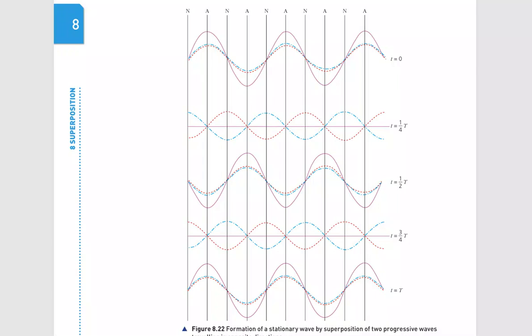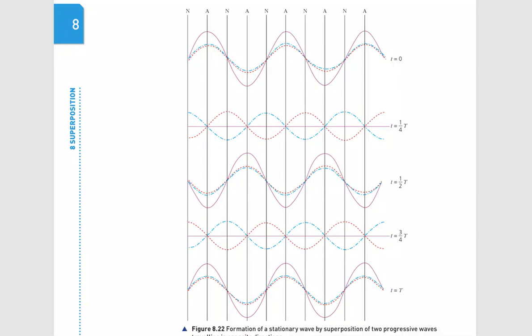The amplitude of this red line is the result of the sum of their amplitudes. So at zero time, at this instant, the incoming and reflected waves are overlapped at the same place, where crest meets crest and trough meets trough, and then we can see the stationary wave here. Next, the quarter period.